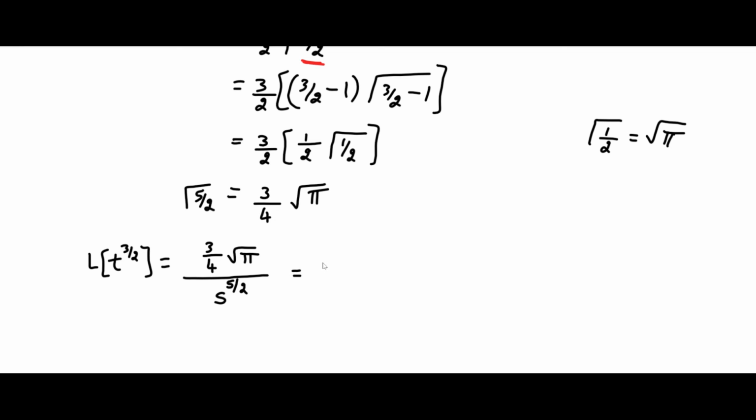Or if I take that 4 into the denominator, I get 3 root pi divided by 4 times s power of 5 by 2. That will be the final solution.